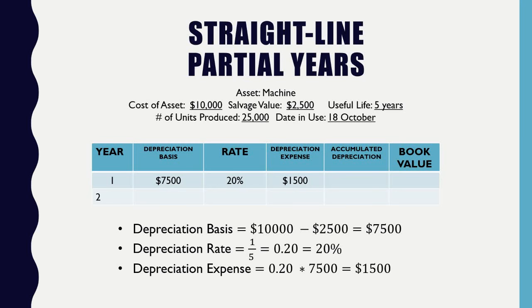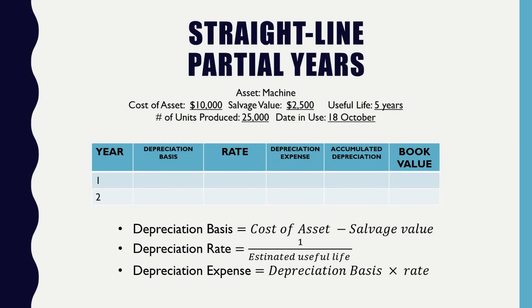Then the depreciation rate. So you're saying 1/5 automatically equals 0.20? Yes, it's 0.2. How did you get that? The formula is 1 over its estimated useful life, and the useful life is 5 years.